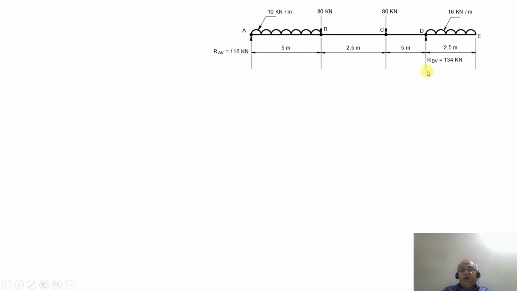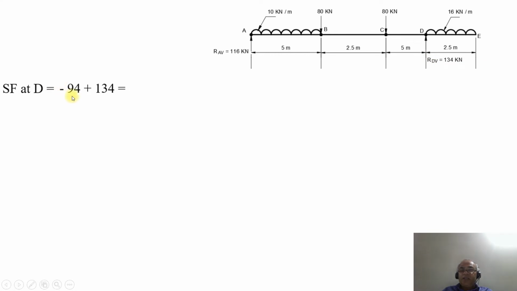Once you get this, now we are going to consider the total value of the shear force at the point D, which is minus 94. We have the vertical reaction at the point D, which we have considered now.